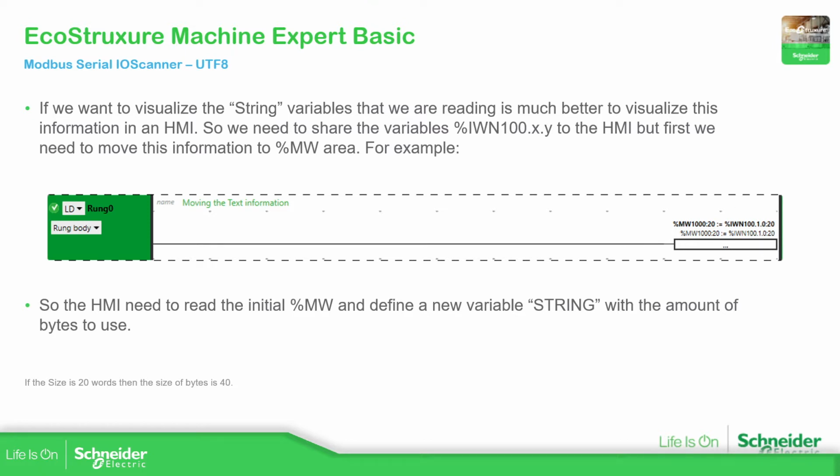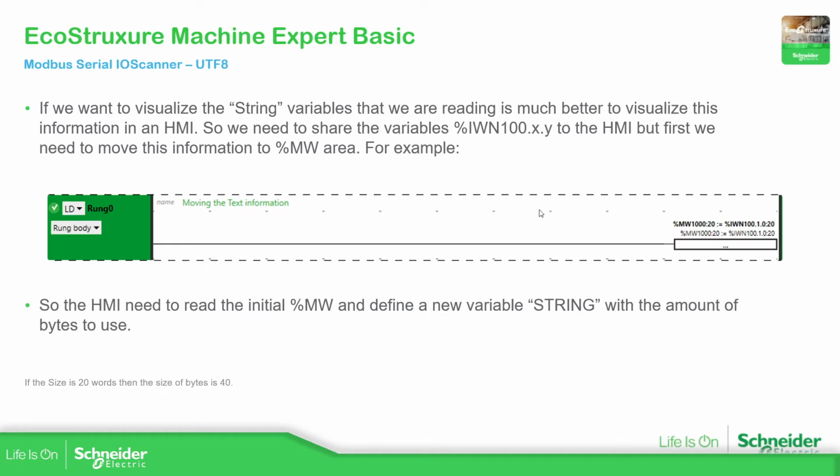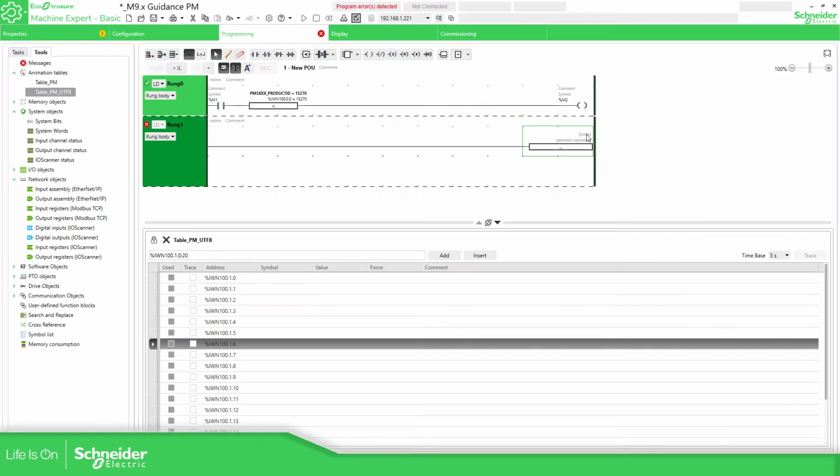So if we go back to the application, I want all that data to be in %MW1000, colon equal %IWN100.1.0, colon 20.